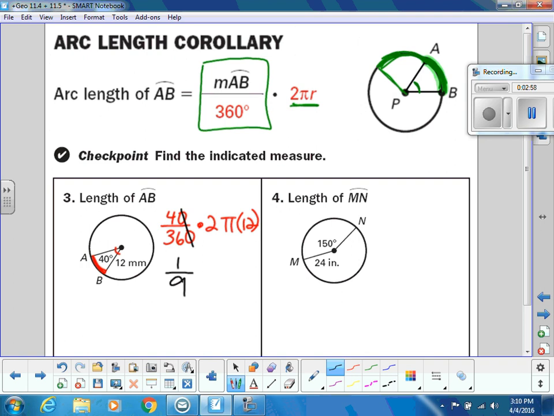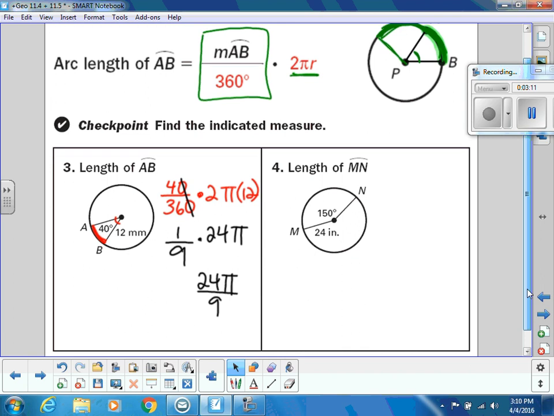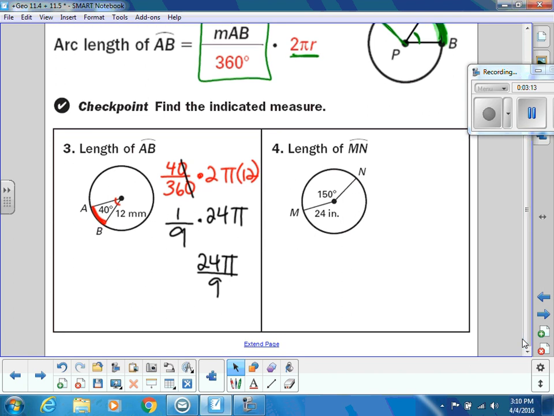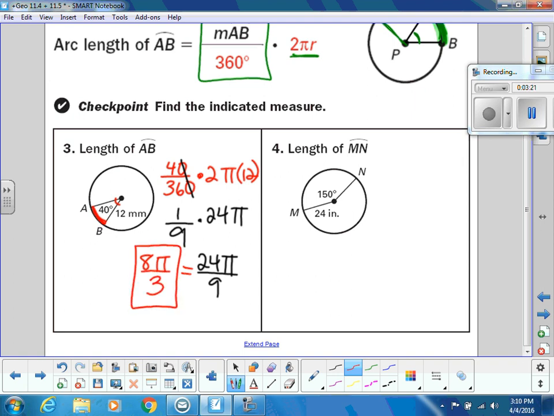And then 2 times 12 is 24. So I've got, so far, 24 pi over 9. And then let's reduce that a little bit more. So 24 over 9, if we divide them both by 3, that'll be equivalent to 8 pi over 3. And I am totally okay with you leaving that in terms of pi. In fact, I prefer it versus a decimal.